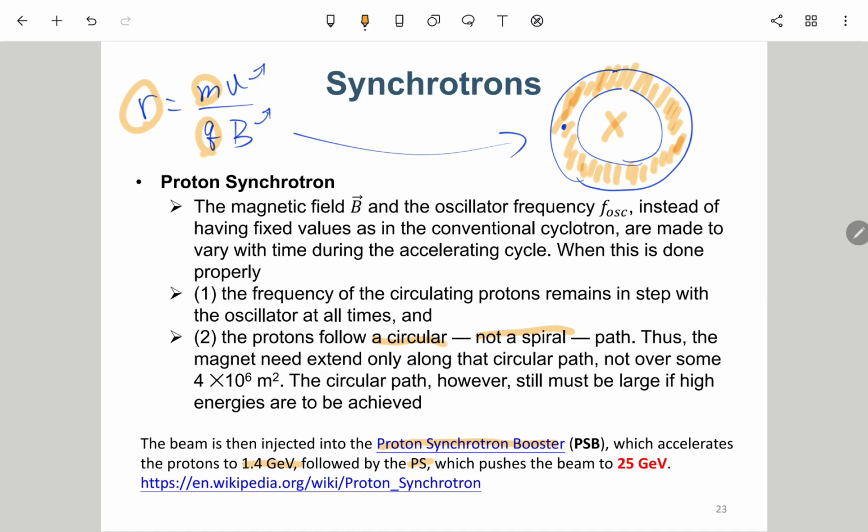Like when you drive a car, you shift gear. You accelerate to a certain step and then enter this proton synchrotron and accelerate fully, up to 25 GeV. If you're interested, you can check it out on Wikipedia. I'm not going to go through it.